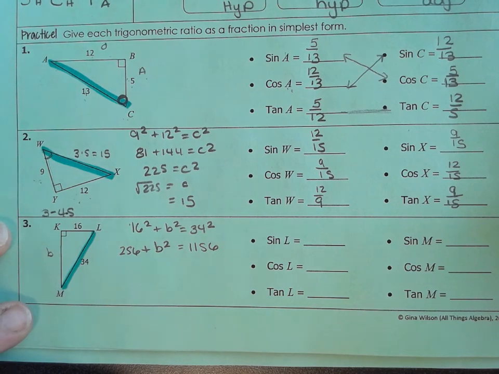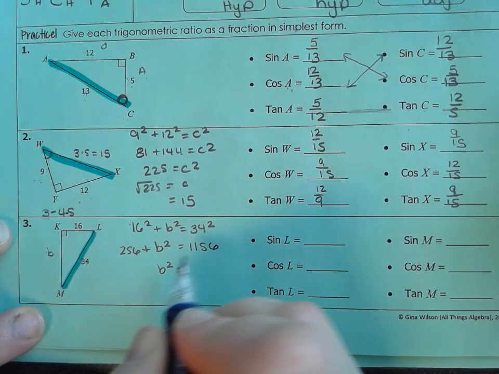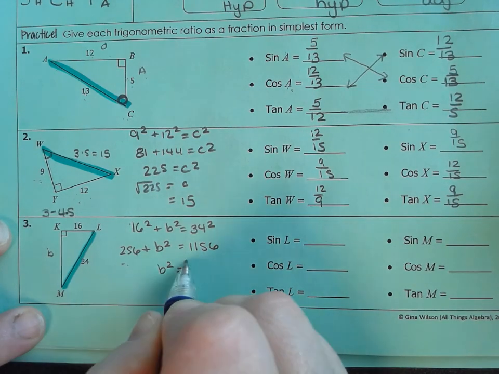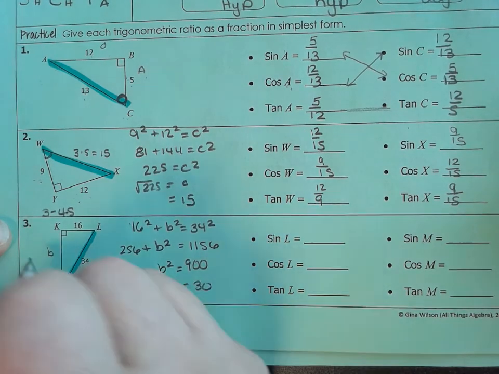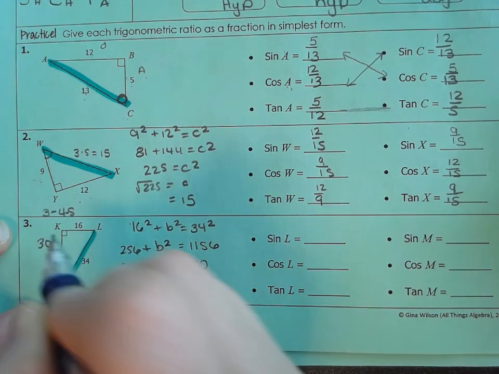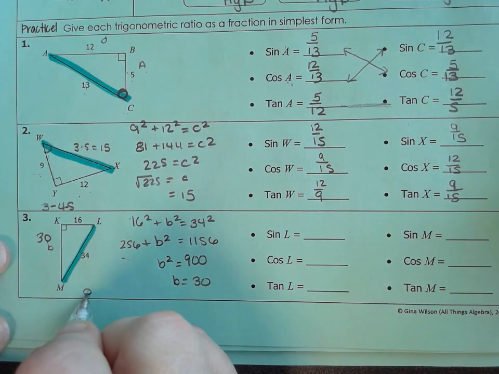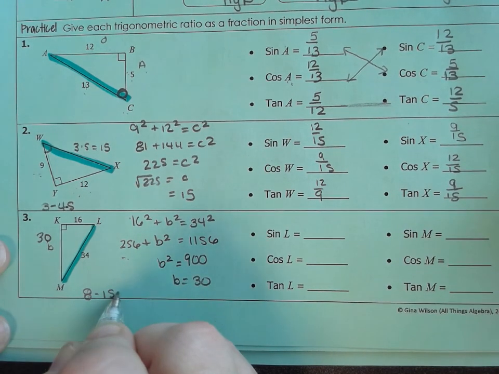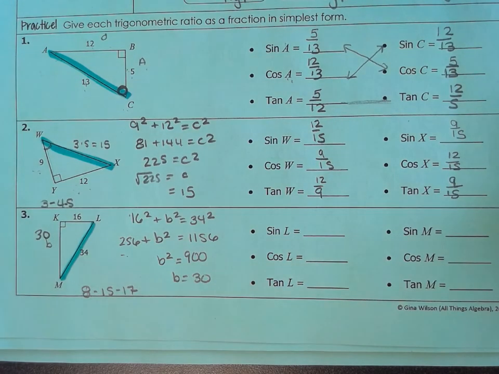So I would just take away 256, so B squared is equal to 900, so B is equal to 30. So it's 16, 30, 34, and that is an 8, 15, 17 Pythagorean triple. Again, don't get caught up about learning these Pythagorean triples just yet.